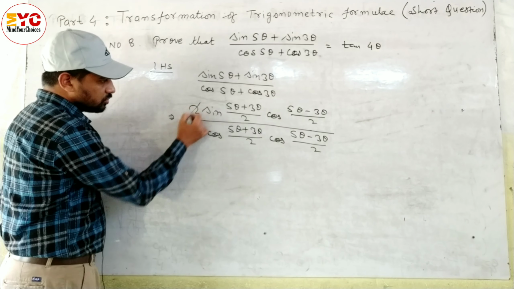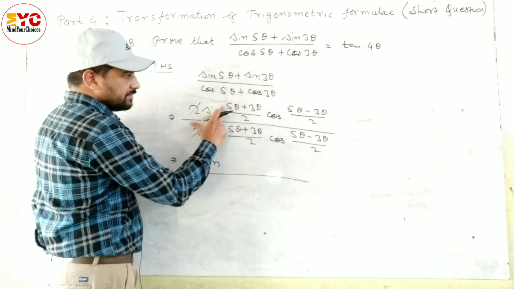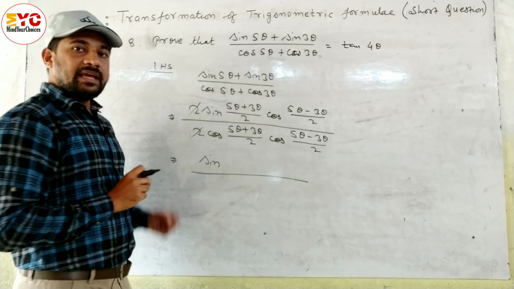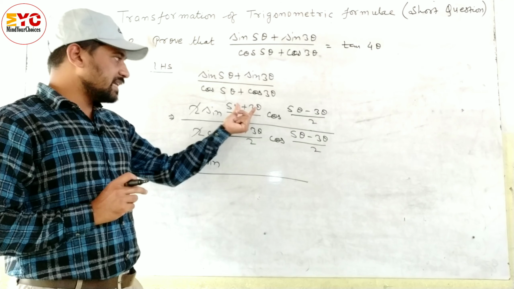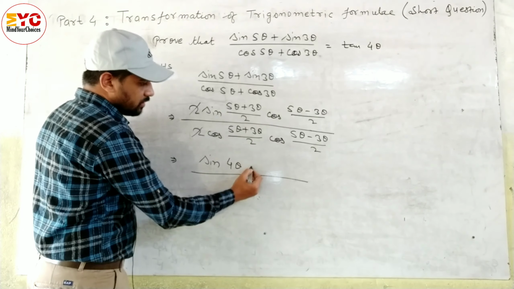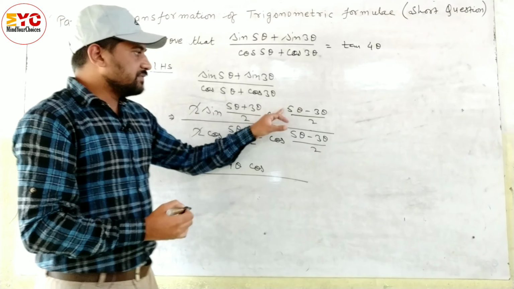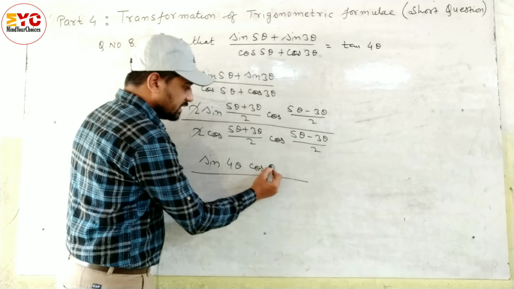You can cancel the 2 here. Now sine 5 theta plus 3 theta will be 8 theta. These two are like terms, so we can add: 5 theta plus 3 theta means 8 theta, and 8 theta by 2 will be 4 theta. Here also cos 5 theta minus 3 theta, it will be 2 theta by 2, remaining theta.